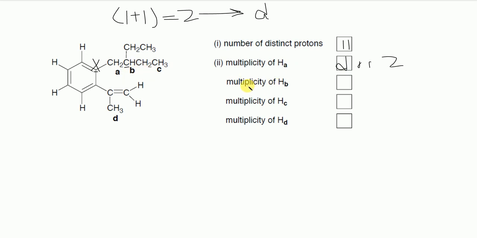And now multiplicity of HB, HB is right here, and I need to look at everything around it. Okay, and this is a great example. So I have a carbon right here. Let me just draw something out. Okay, so I have this group, I have this group, right? And then I have bonded to it, I have another thing, and I have some other R group.